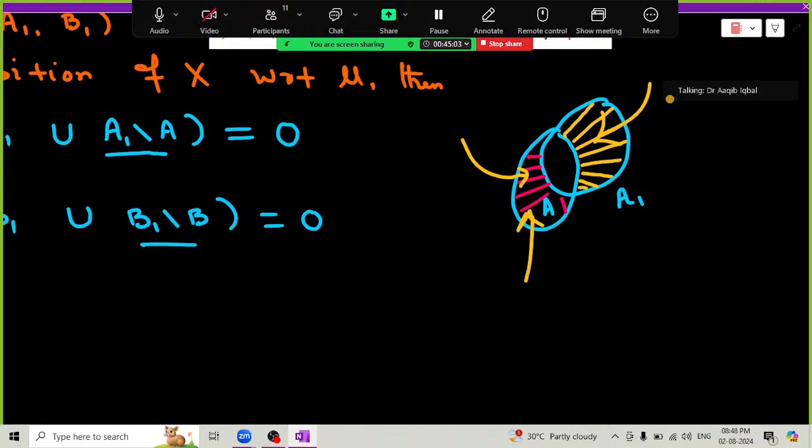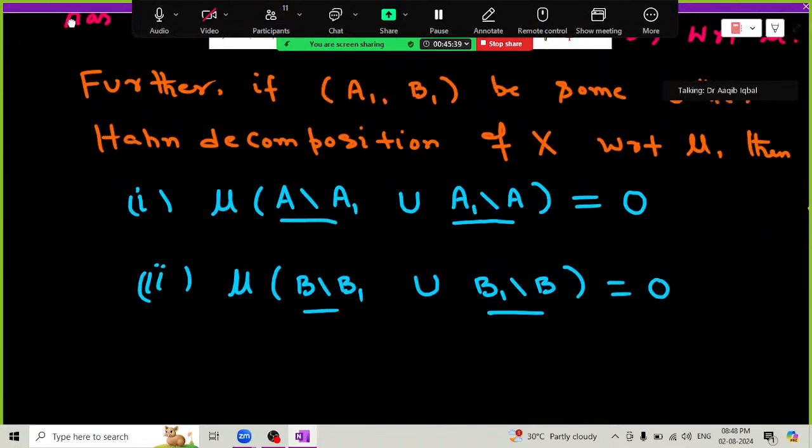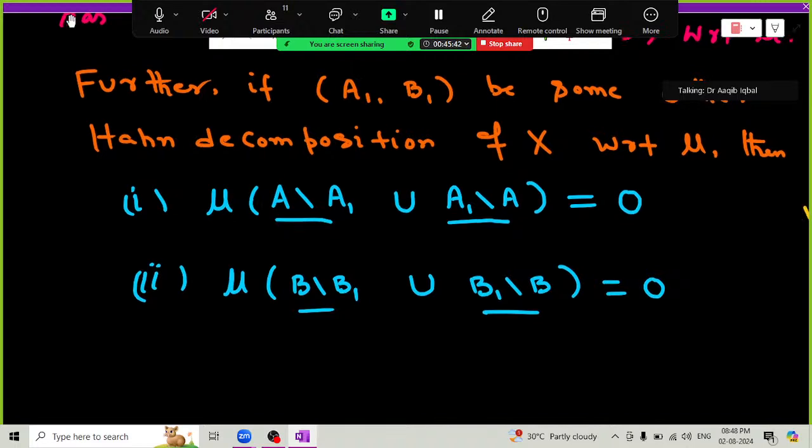Because this territory is the set of those points which are in A but not in A1, and this territory is the set of those points which are in A1 but not in A. So when you take this union, this is the set which projects these two sets A and A1 as different sets. Okay. And the theorem here tells you that the measure of this territory, which actually projects these two as different sets, is 0.